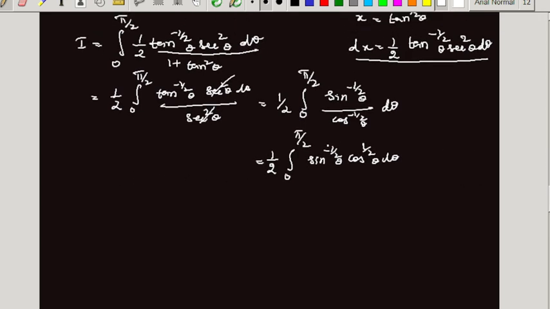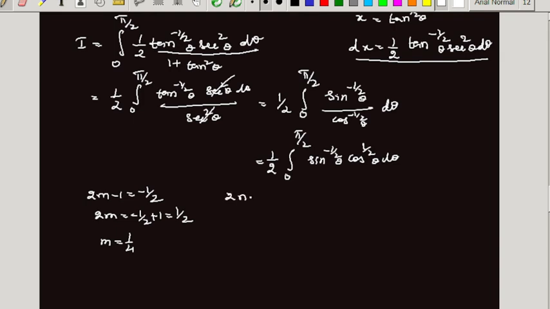We consider sin power as 2m minus 1 is minus 1/2. 2m is minus 1/2 plus 1 is 1/2. M can be written as 1/4.